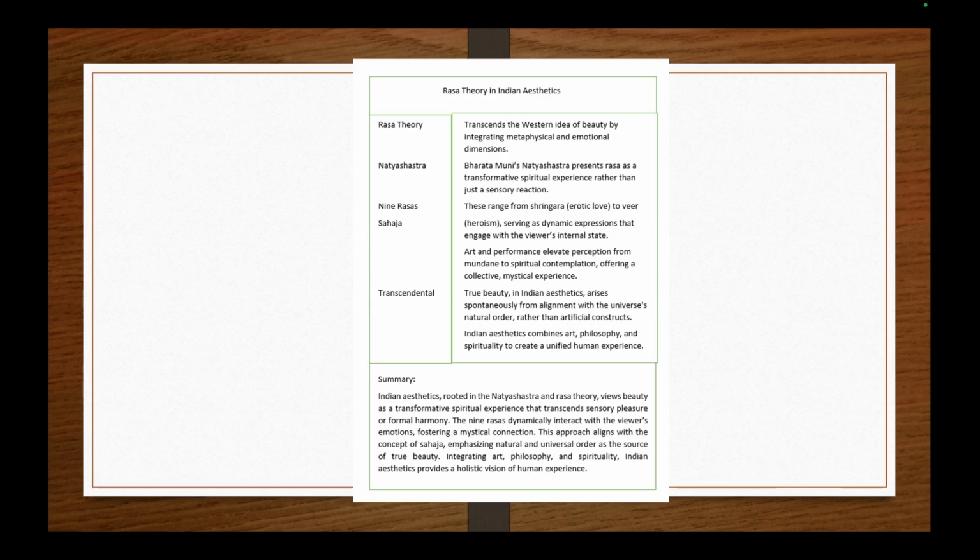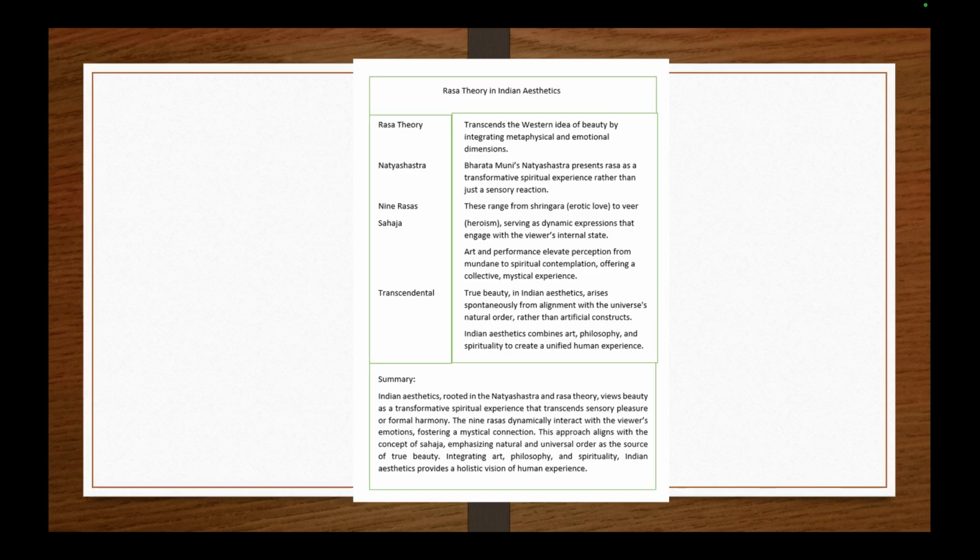Art and performance elevate perception from mundane to spiritual contemplation, offering a collective or mystical experience. True beauty in Indian aesthetics arises spontaneously from alignment with the universe's natural order rather than artificial constructs. And Indian aesthetics combines art, philosophy, and spirituality to create a unified human experience.